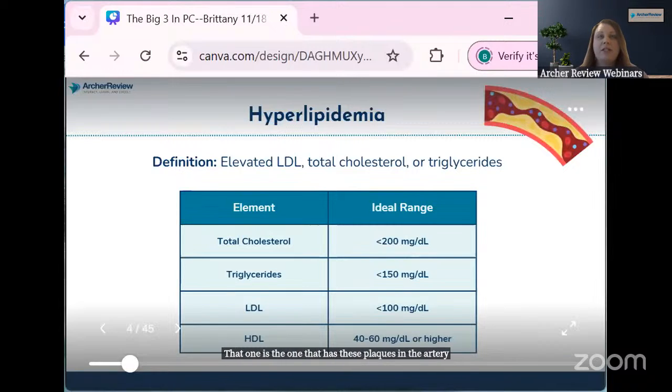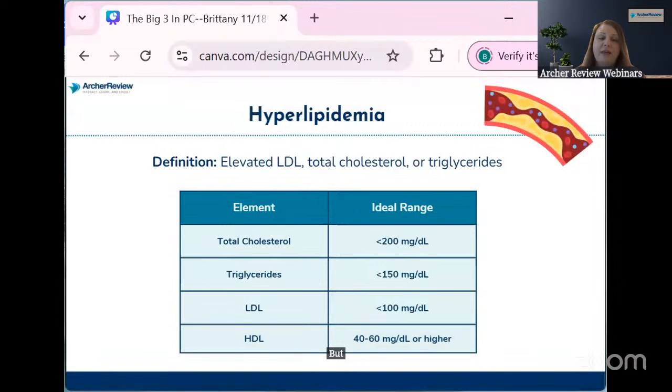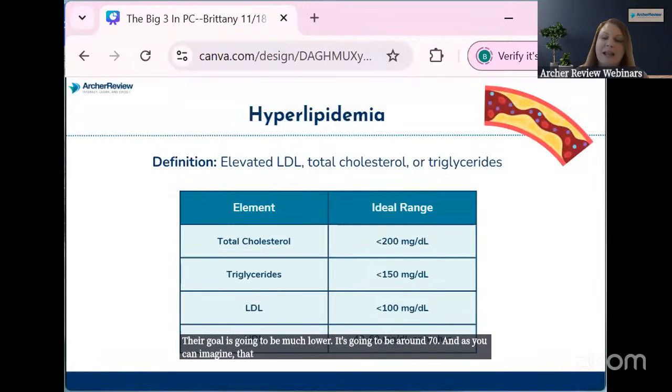And so we want to try to minimize that as much as possible. So 100 or less for the normal, average, healthy adult patient. But if they have other things that can put them more at risk for heart disease, like say maybe diabetes, their goal is going to be much lower. It's going to be around 70. And as you can imagine, that's a tight goal to get. So that's kind of where our statin therapy can come into play when getting these patients to goal.